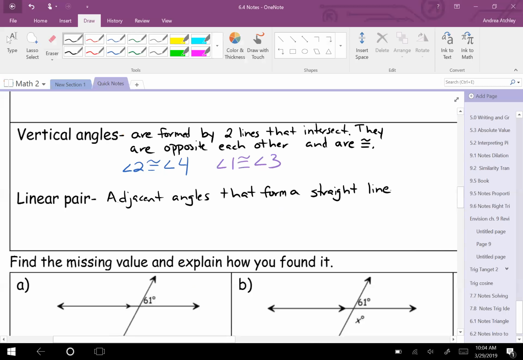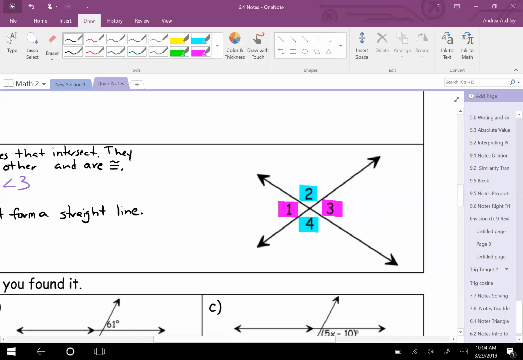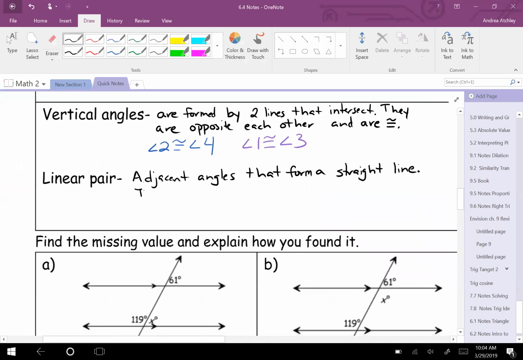Adjacent angles that form a straight line. Okay, adjacent means they're right next to you. The angles that are right next to each other that form a straight angle or a straight line. Oh, and sorry, let's put down, they are supplementary. Okay, they are supplementary. That means they equal 180. They add to 180.